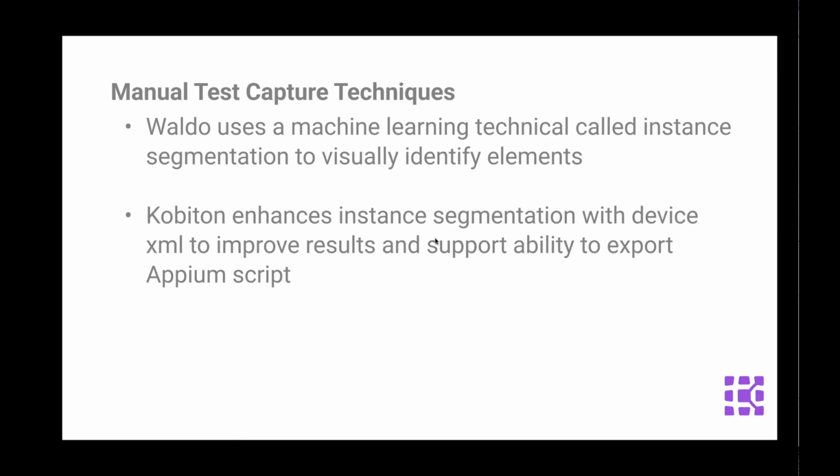That helps with results because it's more data for the machine learning models that we have to identify the element and identify that element across device types. It also provides the ability to export an Appium script. In the case where, like with Waldo, you're just using visual cues, you don't have the ability to export that Appium script.